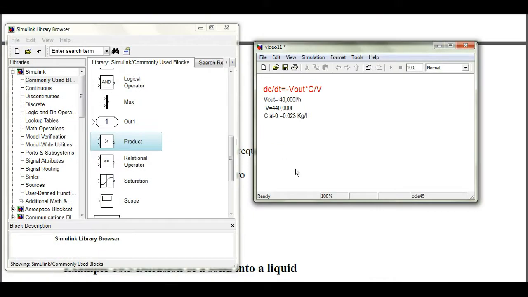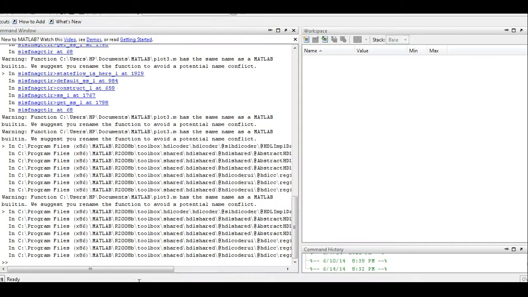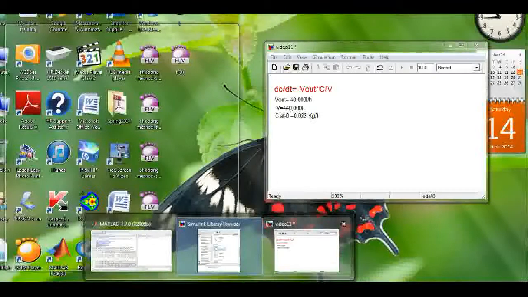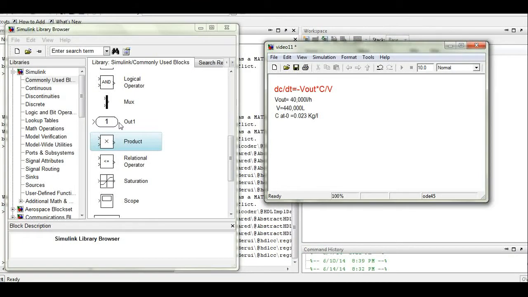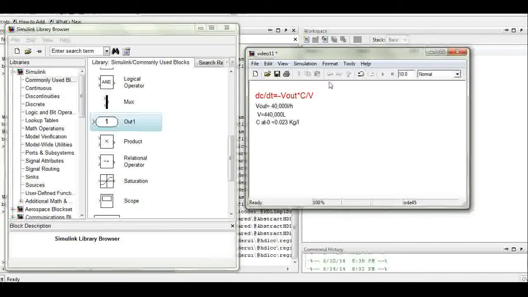After you open MATLAB, you go to Simulink, and from this window here, you press on it, and you will get this window, and you can do new or open a folder. Let us solve our differential equation, which was dC by dt equals minus V out times the concentration, everything divided by volume.